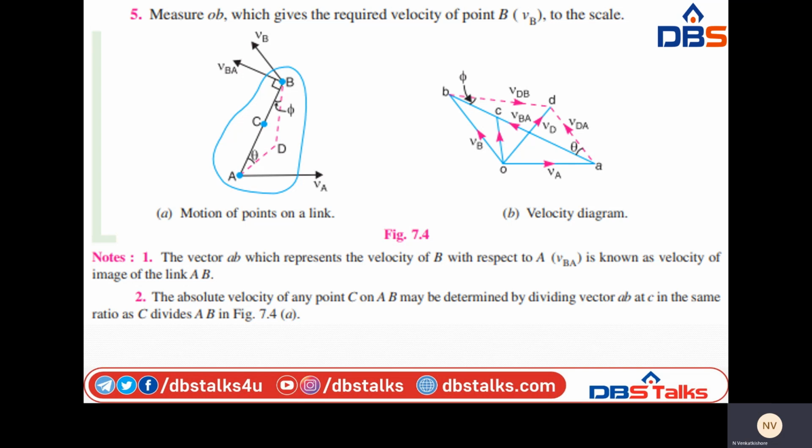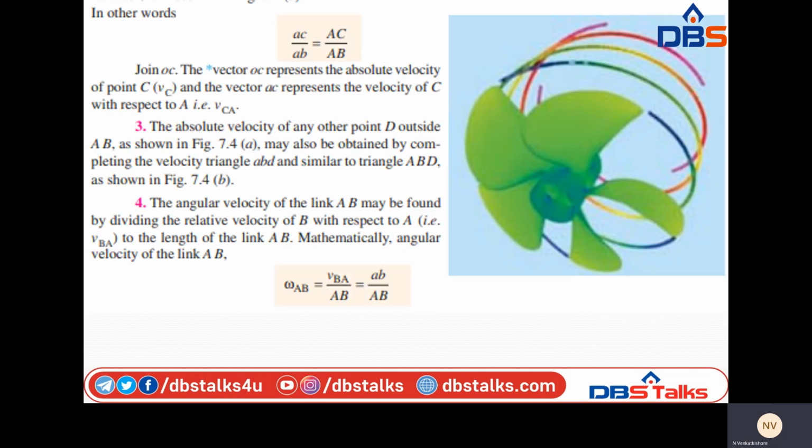Then join OC, and the vector OC will represent the absolute velocity of the point C, that is VC, and the vector ac represents the velocity of C with respect to A, that is VCA.